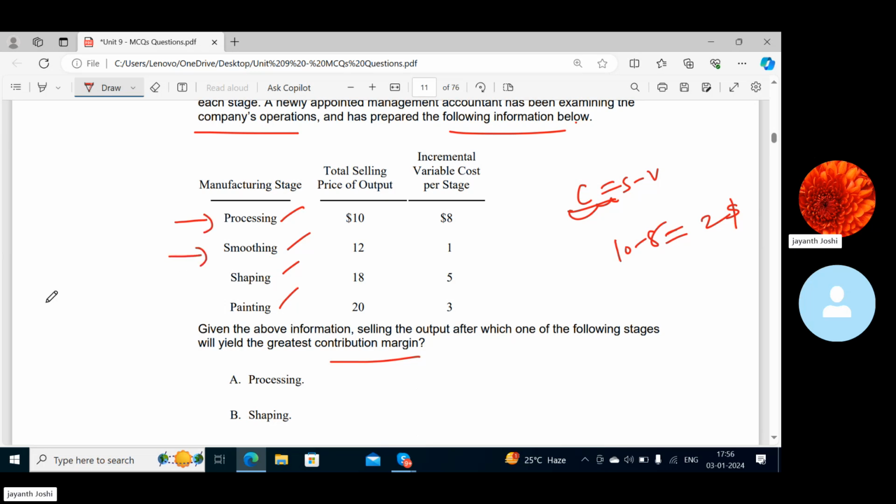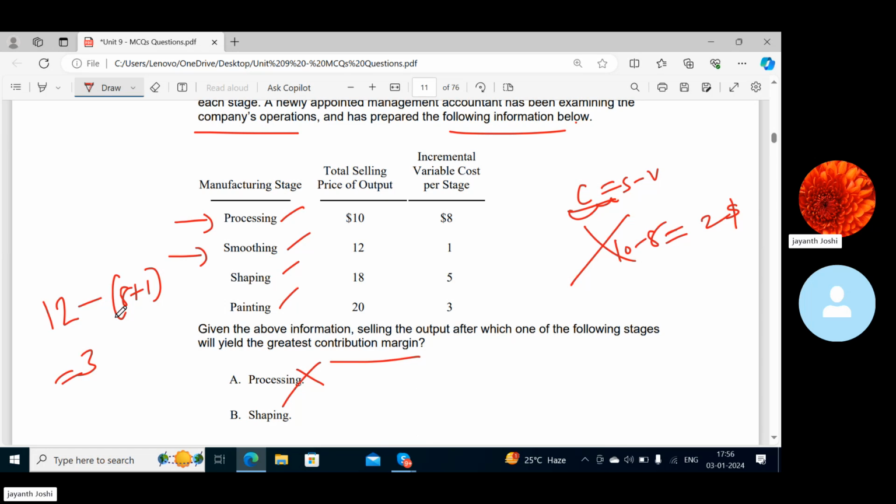Four stages. So 12 minus 9, incremental cost will be 3. So this is better, so processing I would cancel.